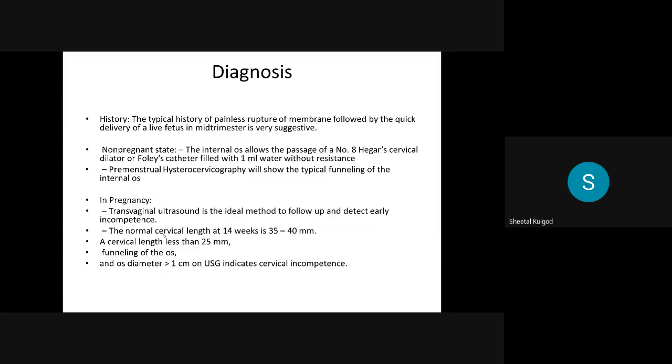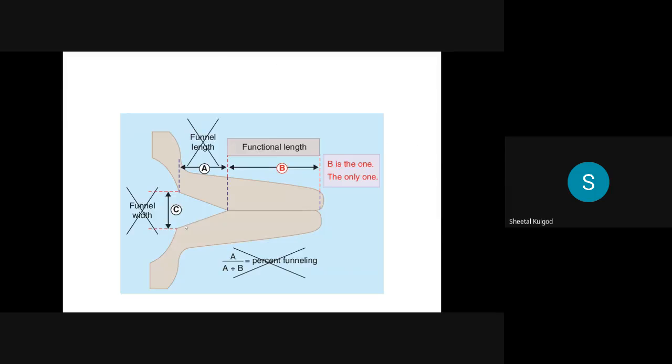So you have to rule out cervical incompetence whenever there is a second trimester or mid trimester abortion. It can be diagnosed during the pregnancy by noting the funneling of the internal os, or the os being open and funneling as well. Even sometimes there will be herniation of the membranes. So this is how it can be diagnosed.